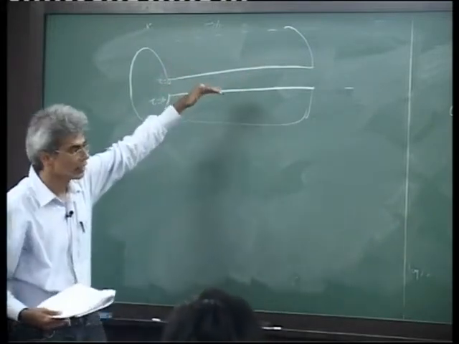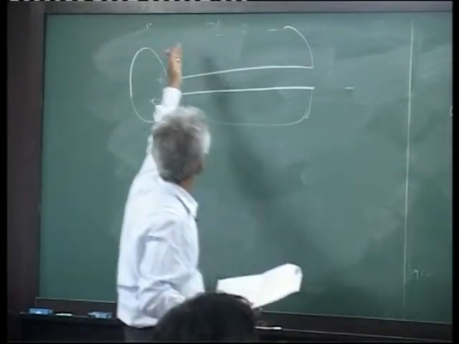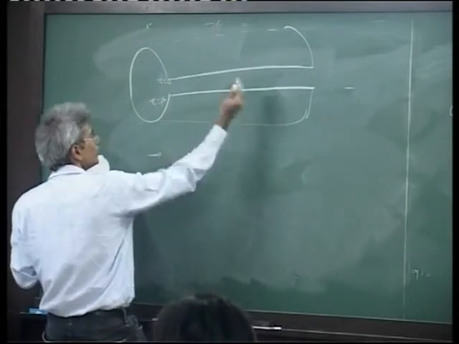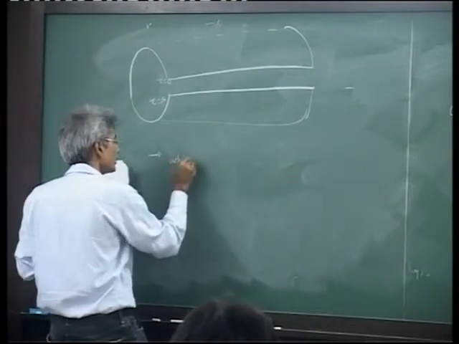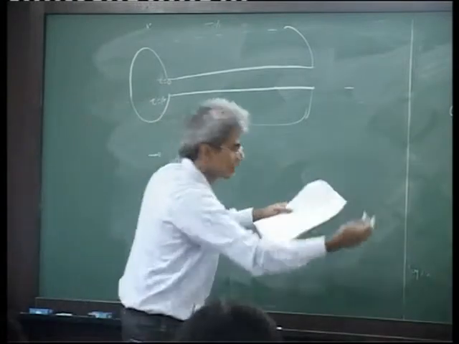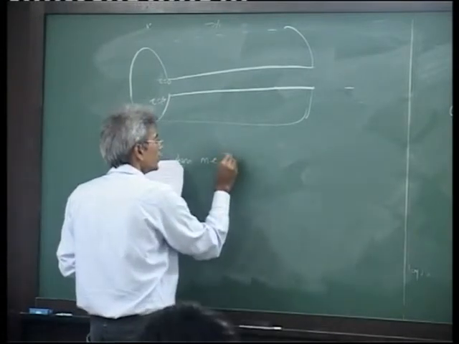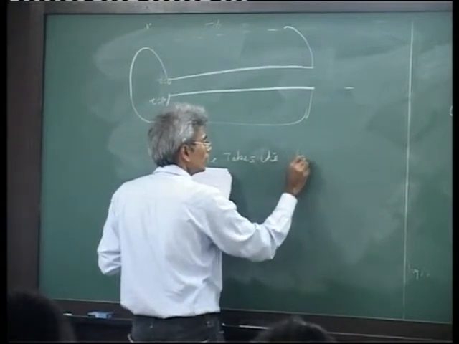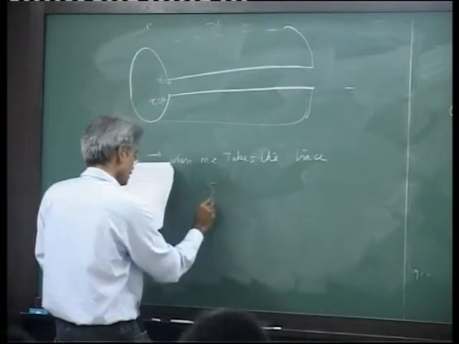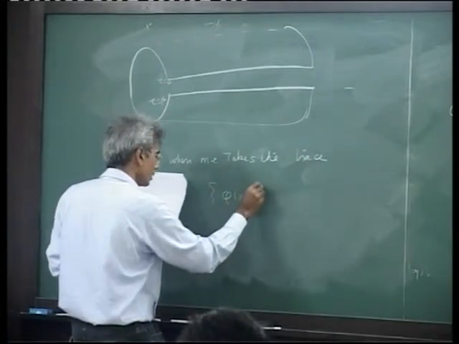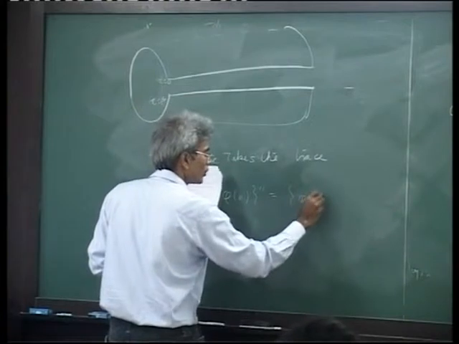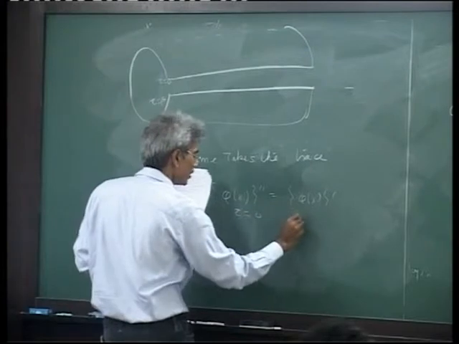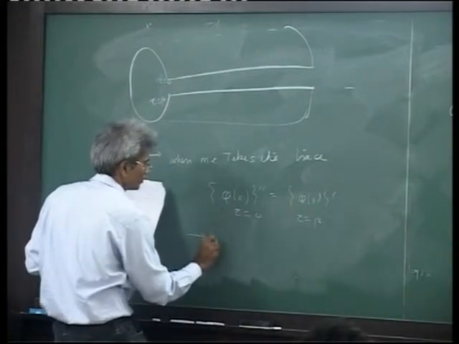We are evolving it by that Euclidean Hamiltonian, and when we take the trace, we are putting them equal and integrating. So when we take the trace, one sets phi of x double prime equal to phi of x prime. So those variables are the same. At tau equal to 0, this is at tau equal to beta, and integrate.